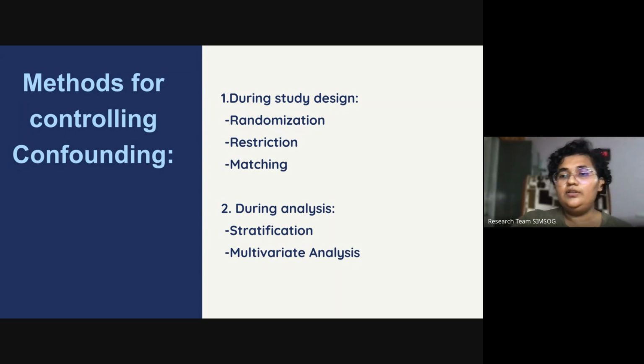Okay, so now we will be posting some polls to try and see if you guys understood these different methods for controlling different biases.